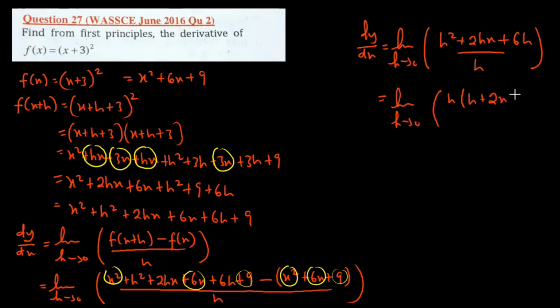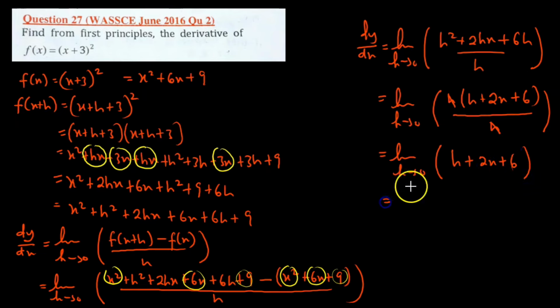So that is giving us limit as h approaches 0 for h out into brackets, h plus 2x, then we have plus 6, all over h. Now the h, we do away with the h here, and that will be left with limit as h approaches 0 for h plus 2x plus 6.